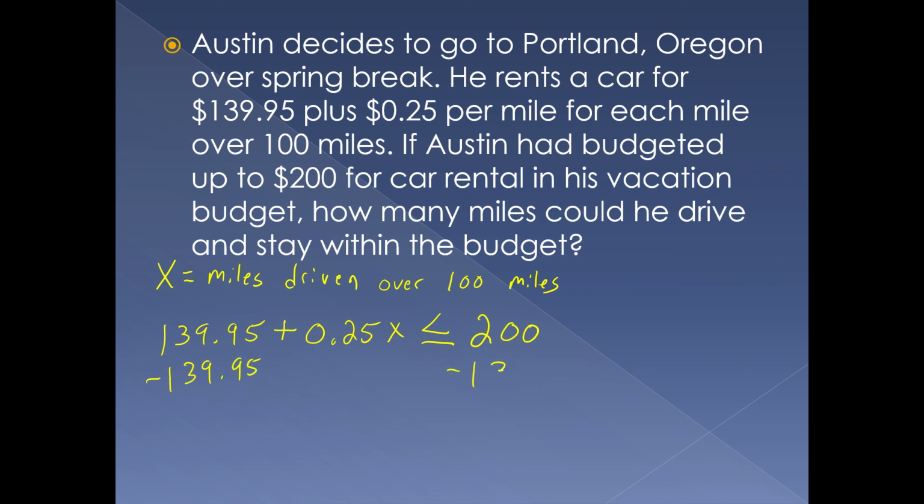When we do that, we get 0.25x is less than or equal to $60.05. Okay, from here, we divide by 0.25.